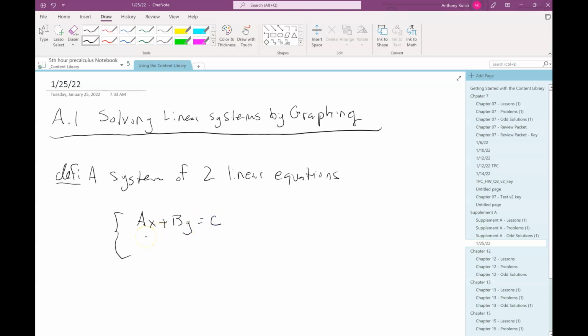When we say that it's linear, it means that the variables, the x and y, the exponent has to be 1, and the only operations going on are addition, subtraction, and multiplication. So a two-variable linear system looks something like this here, where A, B, C, D, E, F are just real number values.